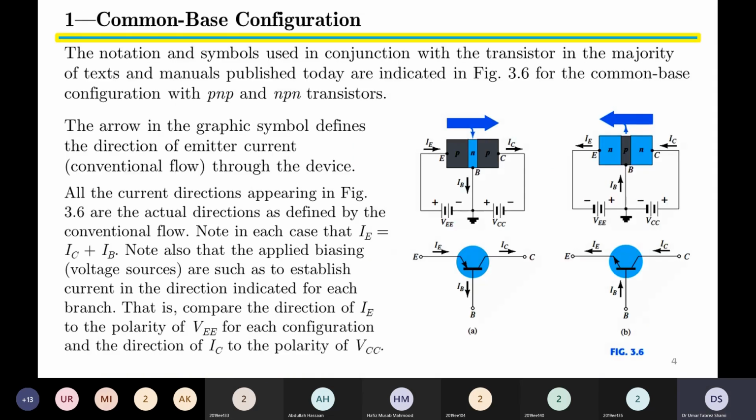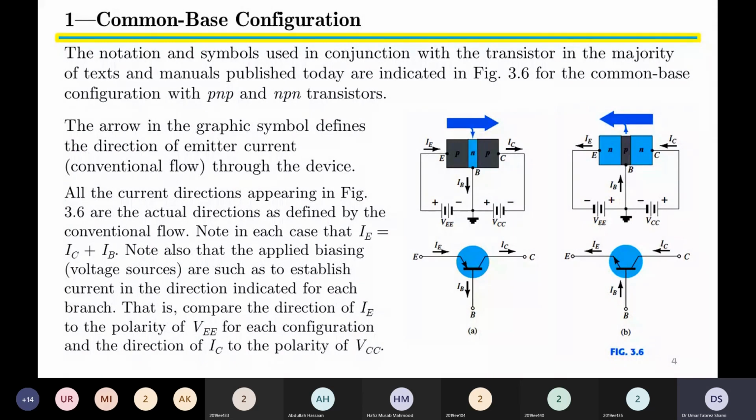So our first configuration is the common base configuration. The notation and symbols used in conjunction with the transistor in the majority of texts and manuals published today are indicated in figure 3.6 for the common base configuration with PNP and NPN transistor.